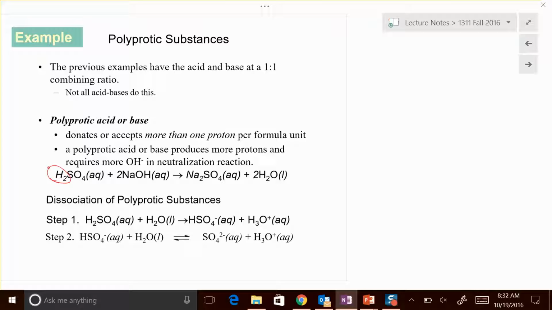When I find the concentration of H+, there's 2 H's here for every one H2SO4, so I would have to divide it by 2 to really find the concentration of this H2SO4. After the titration, because the titration is going to neutralize both of these hydrogens. That sodium hydroxide is going to pull them both off, get rid of both of them.